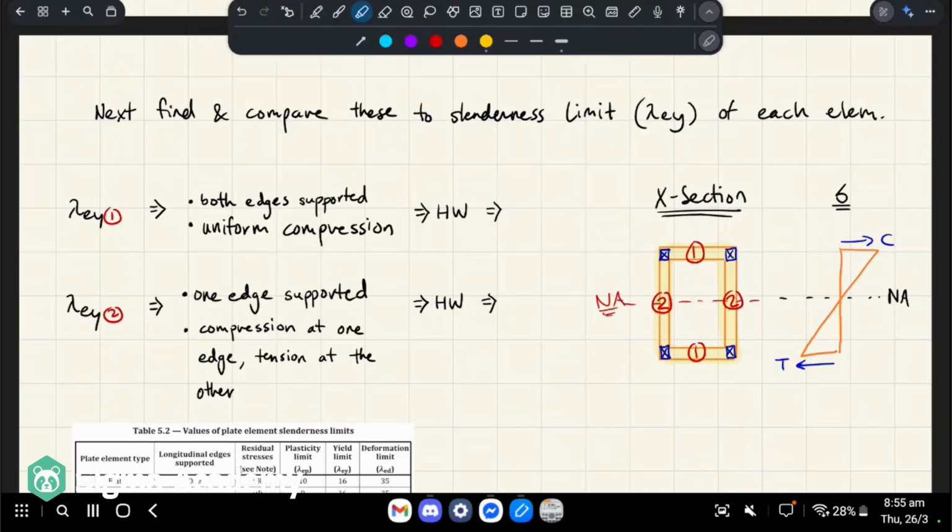So everything's in uniform compression. But in this topic it works differently, because if we're bending about this axis, if we have a beam, different parts are going to experience different amounts of compression and tension.